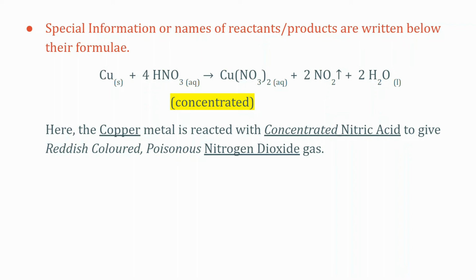Here, the copper metal is reacted with concentrated nitric acid to give reddish colored poisonous nitrogen dioxide gas.